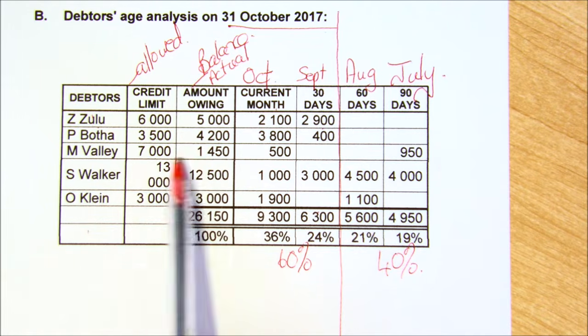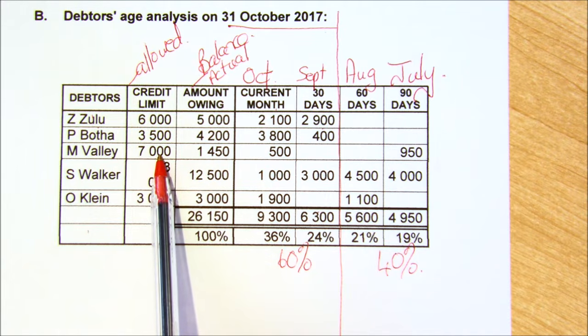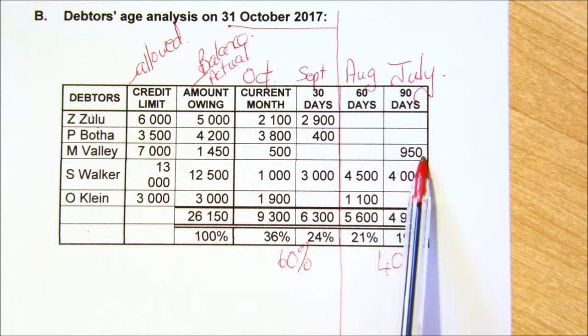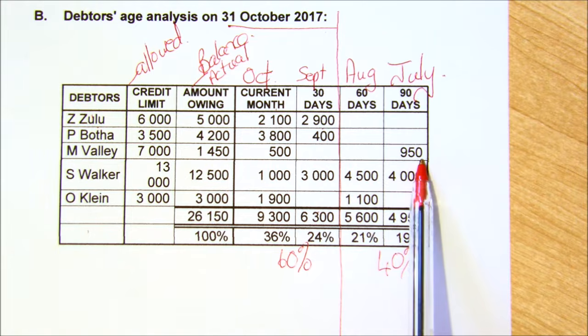If we look at Valley, Valley is below his credit limit. In fact, his account is very low compared to his limit, so that's actually not a problem. But he's got 950 Rand in 90 days. He's outstanding.